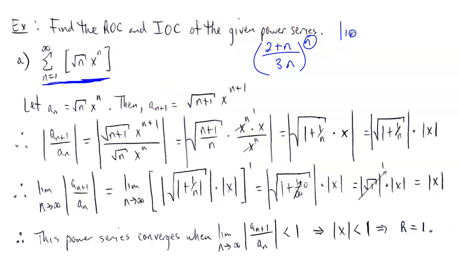So again, for the ratio test, we're essentially trying to figure out what this particular limit is going to be. And what we're looking for here is some value L, and we want that value L to be less than 1.